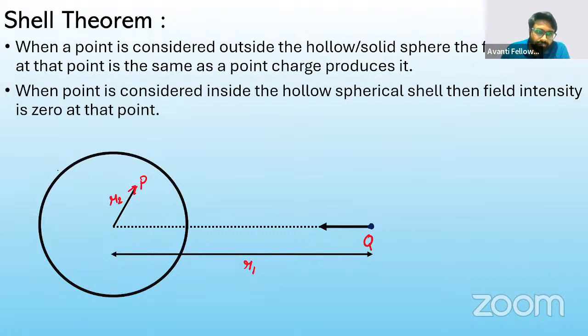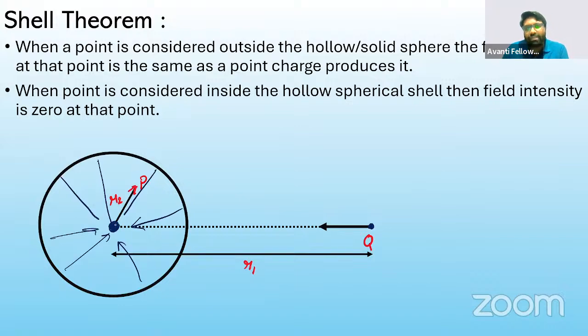We can concentrate the total mass of this sphere at the center of it. So we can assume the total mass of the hollow or solid sphere at its center, and then apply the formula to calculate gravitational field intensity if the point lies outside the sphere.